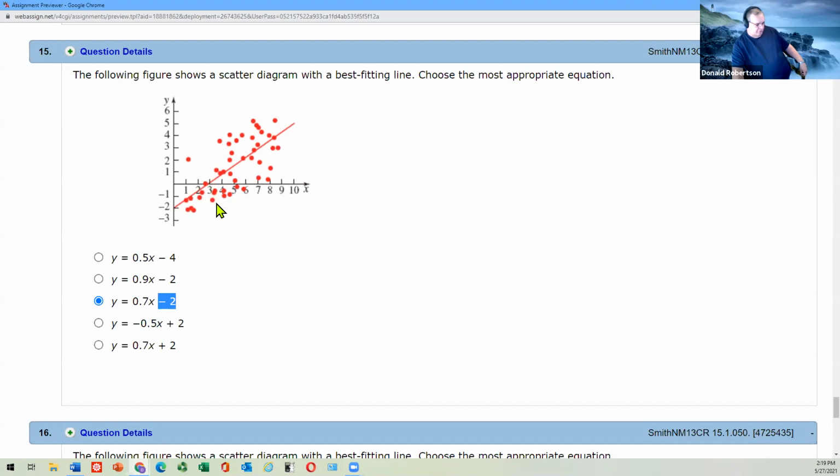What does 2/3 look like roughly as a decimal? 0.6666667, so 0.7. So just pick that one. And that's why the third one is the right answer.